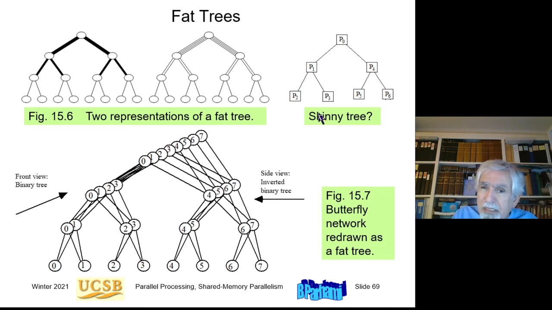But the paths from one side of the tree to the other always go through the root and through these two links. So if there are a lot of connections to be made through the root of the tree, the root and these links leading to the root can become bottlenecks.